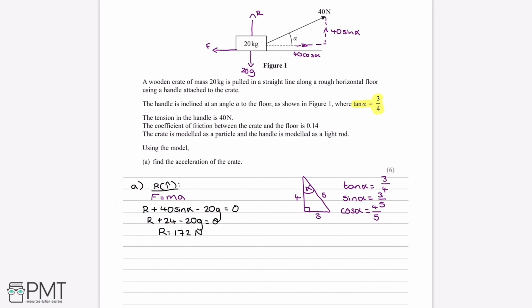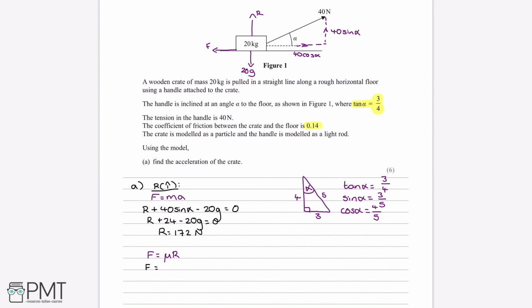So now that we've found this, we can actually go on to finding the acceleration of the crate. And the reason for that is because of the equation that states that the frictional force is equal to the coefficient of friction multiplied by the reaction force. We don't have a value for the frictional force here, so this is just F. However, we were told in the question that the coefficient of friction between the crate and the floor is 0.14.